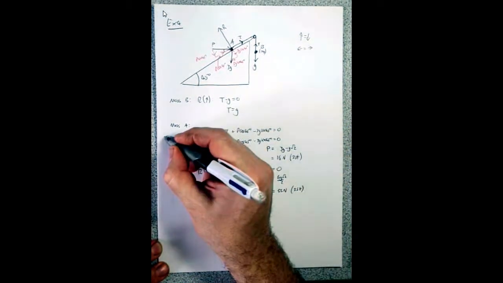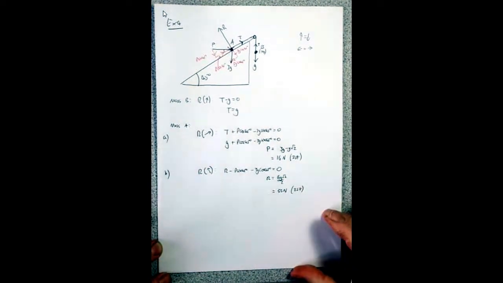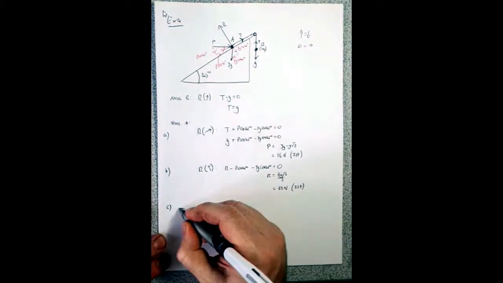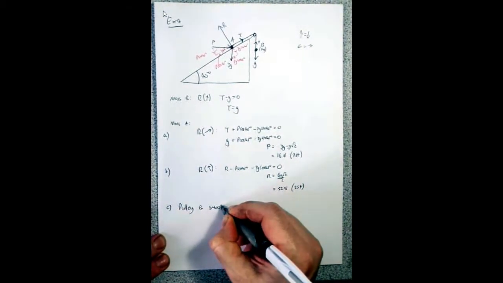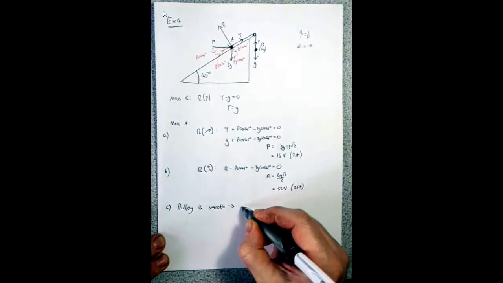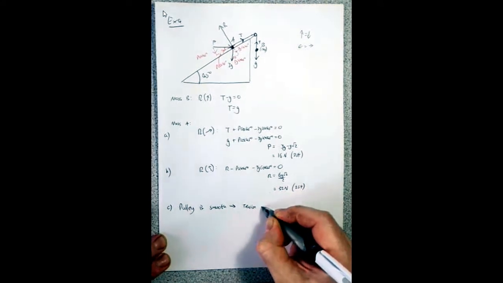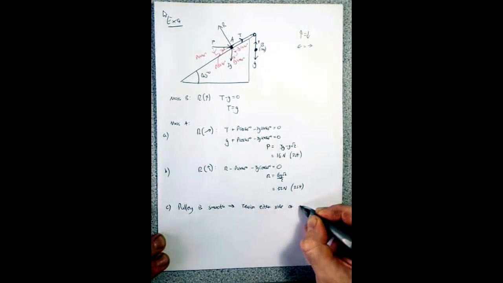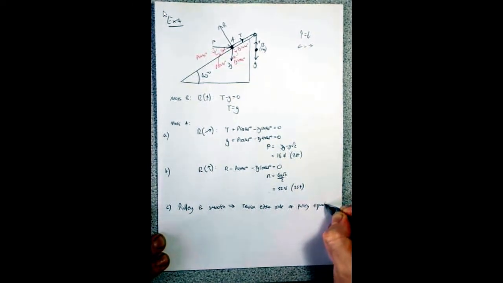Part A was find P. Part B was find R. And because the pulley is smooth, that means the tension either side of the pulley will be equal.